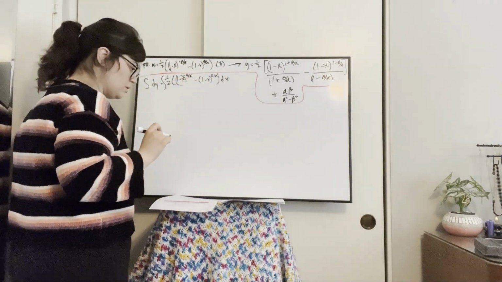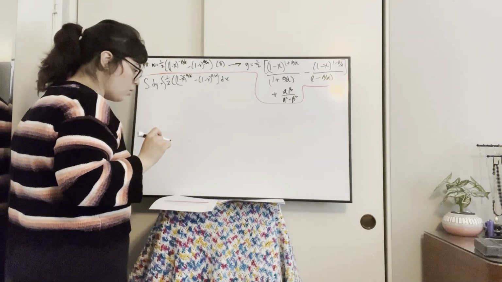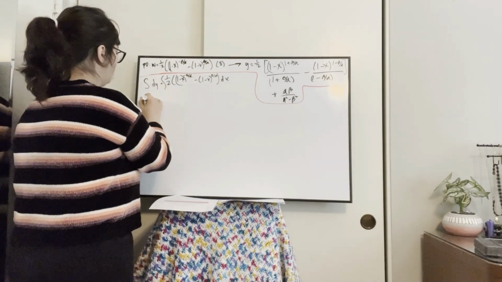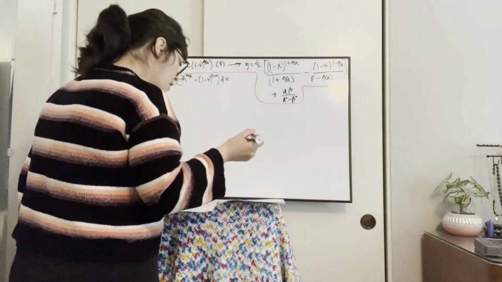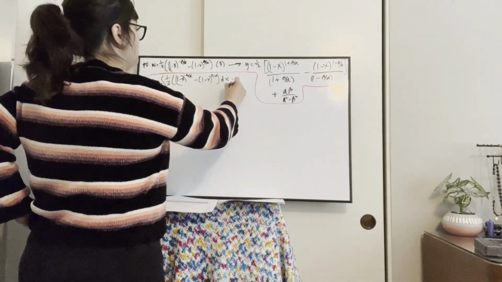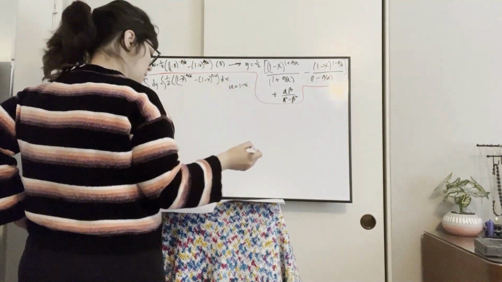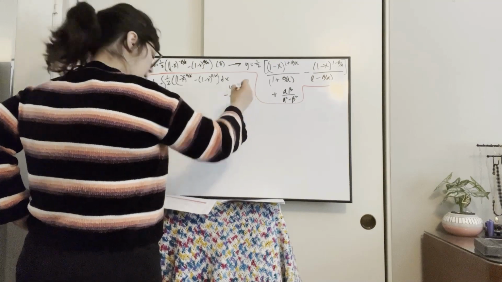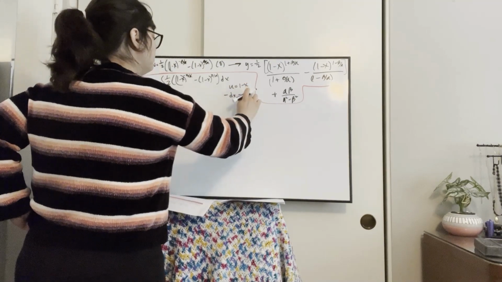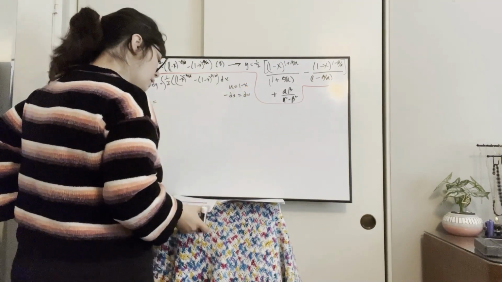Okay, so this is just going to simply be y on this side, and we're going to have to use u substitution on this other side. We're going to set u equal to 1 minus x, and that's going to make negative dx equal to du.